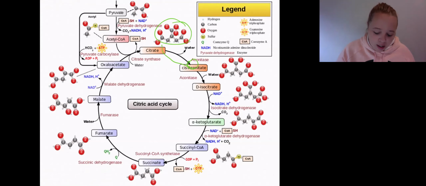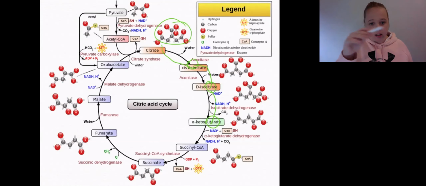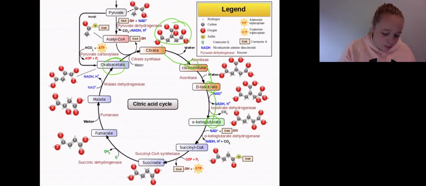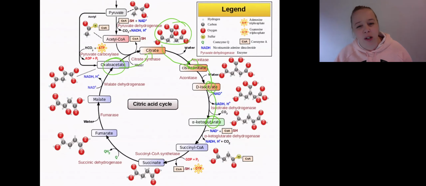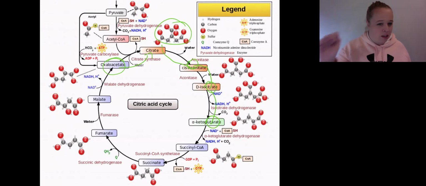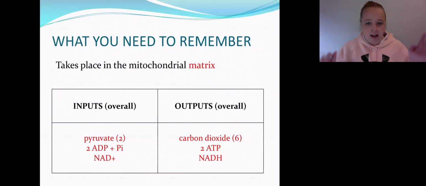The product of this is going to become the substrate for the next reaction, and it follows along. And the reason it's a cycle is because this last molecule ends up becoming the one that it was at the beginning, and it just spins around and around, but you don't need to know any of those names. This is what you need to remember.